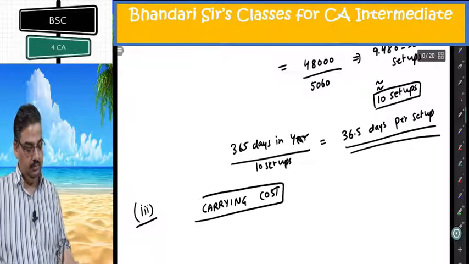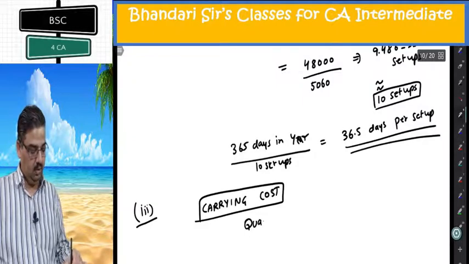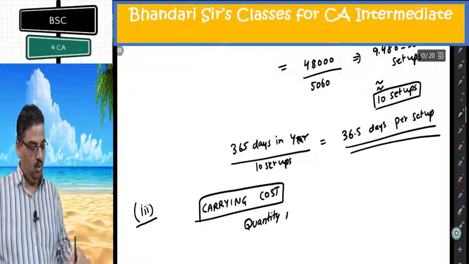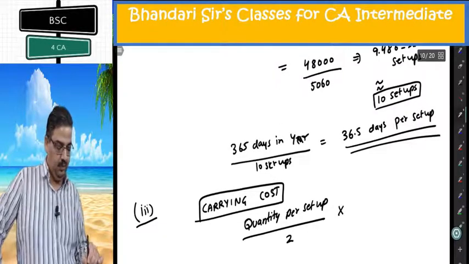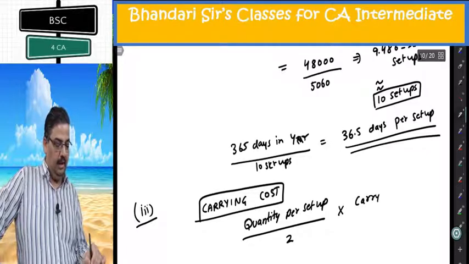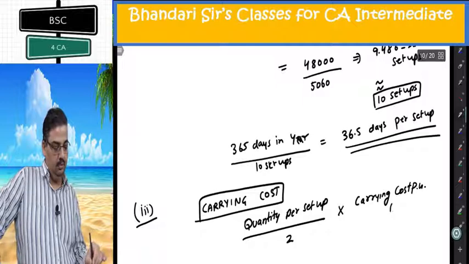Carrying cost, quantity per setup divided by 2 multiplied by carrying cost per unit annual 12.